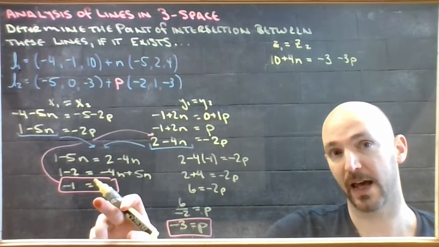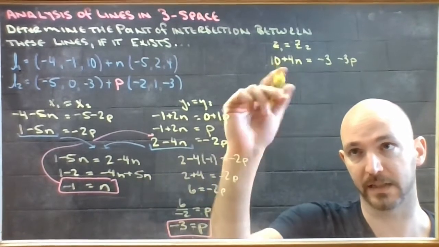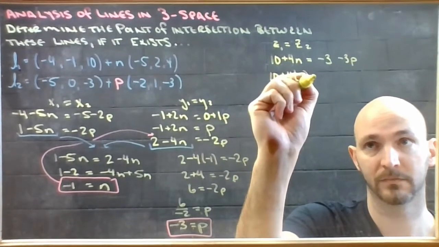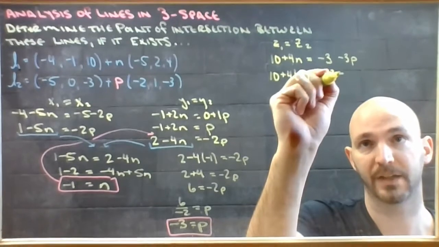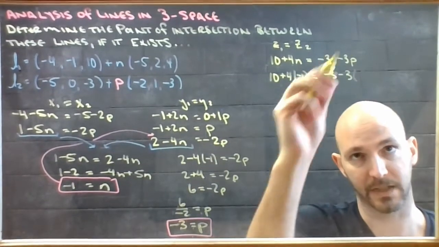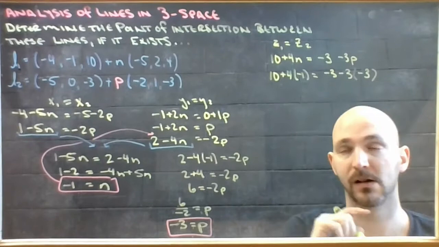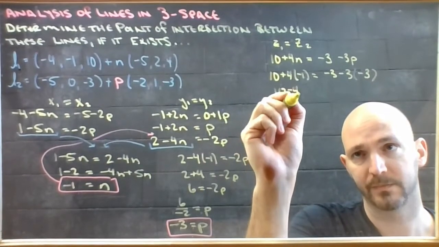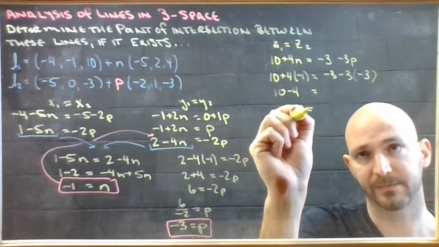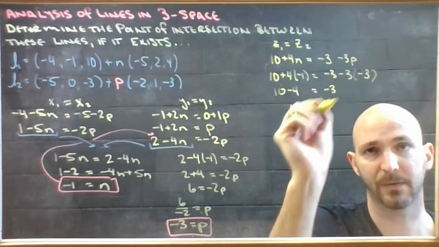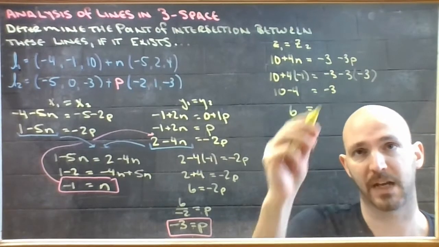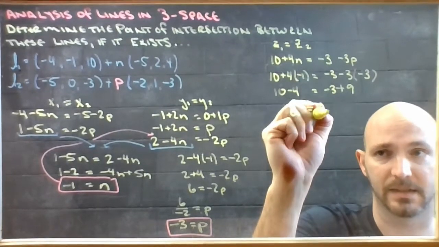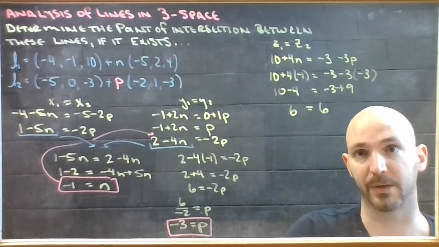I know the value of n is -1, so I'm going to put that in here. And I know the value of p is -3, so I'm going to put that in here. 4 times -1 is -4. 10 minus 4 is 6. -3 times -3 is +9. And 9 minus 3 is 6. So there you go. We have a match.